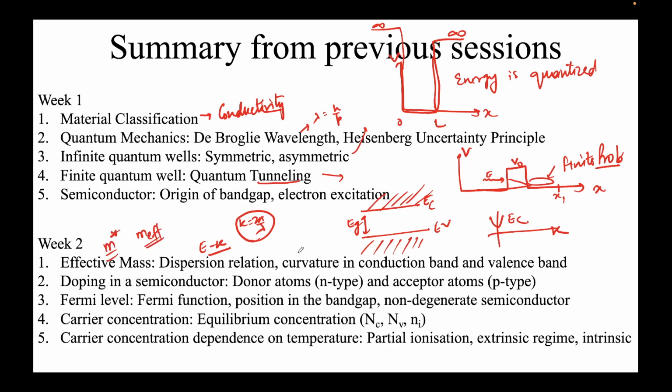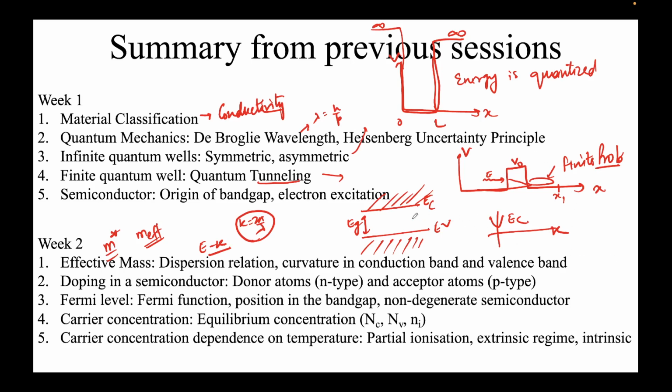And then we saw that in a semiconductor, let's say, made up of silicon, we can dope. Usually there are 10 to the power 22, 10 to the power 23 atoms in a piece of material, and then you can dope it to 10 to the power 16 cm minus 3 and so on. If you dope it n type, that means you are making it so that there are more electrons, by doping, let's say, phosphorus, or acceptor atoms, like you can dope with boron to make it p type.